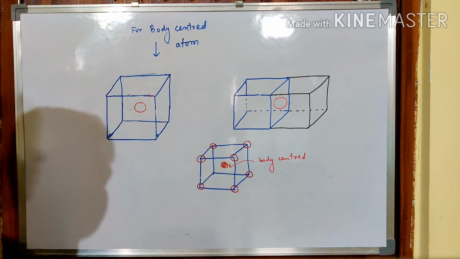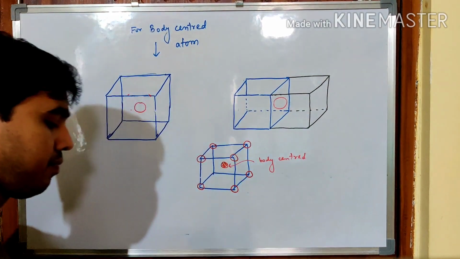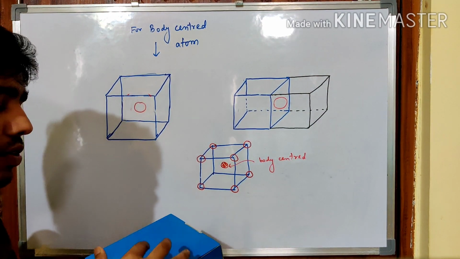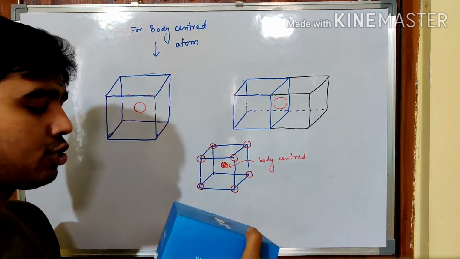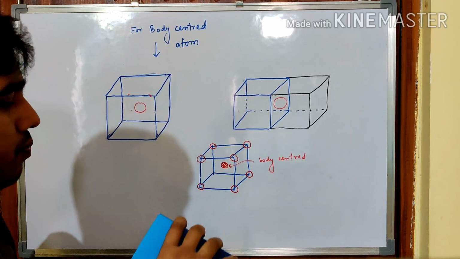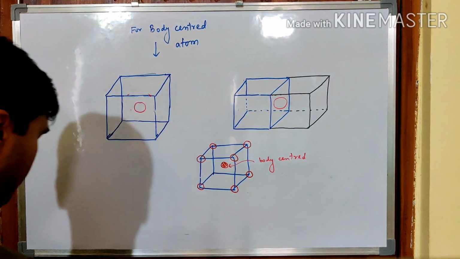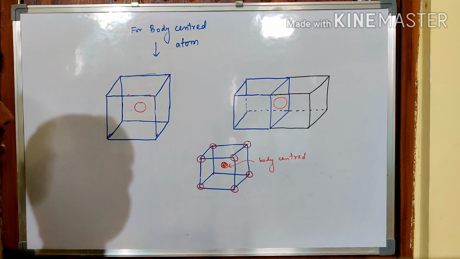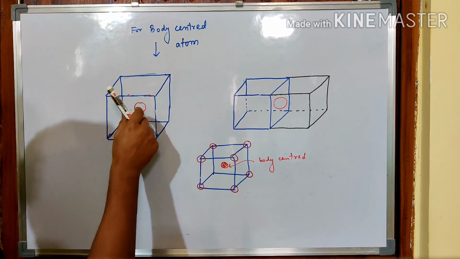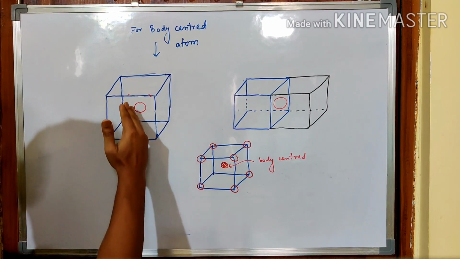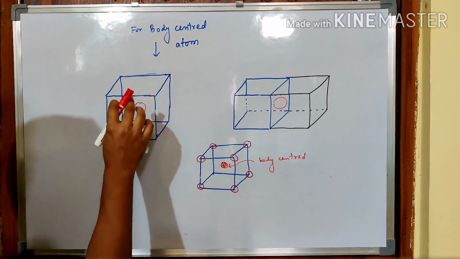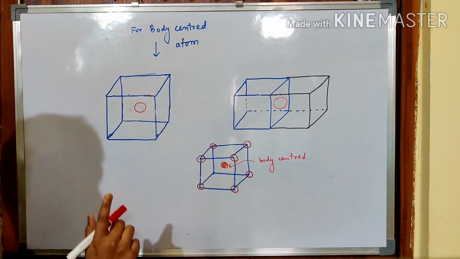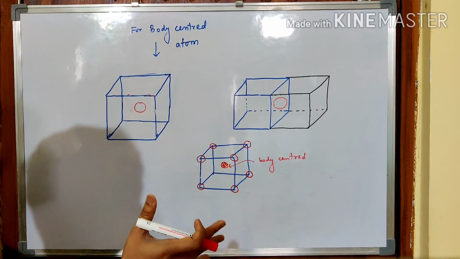So if you see it carefully, for body centered atom, if you see this cube once again, the position of the body center will not be in any of its face. It will be fully within. Means it should be fully within the cube. Any part of this particular atom is not outside of the unit cell. So the contribution of the volume of this one will not be less than 100%.